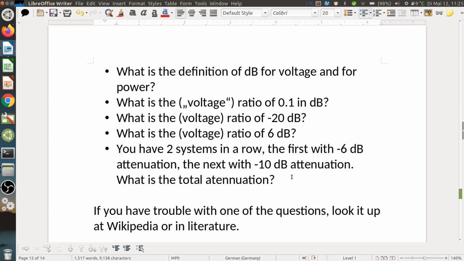So here we just have to add those dB numbers. -6 minus 10 results in -16. So total attenuation would be -16 dB. And this is also another advantage of the dB scale, that it's easy to compute a concatenation of systems.